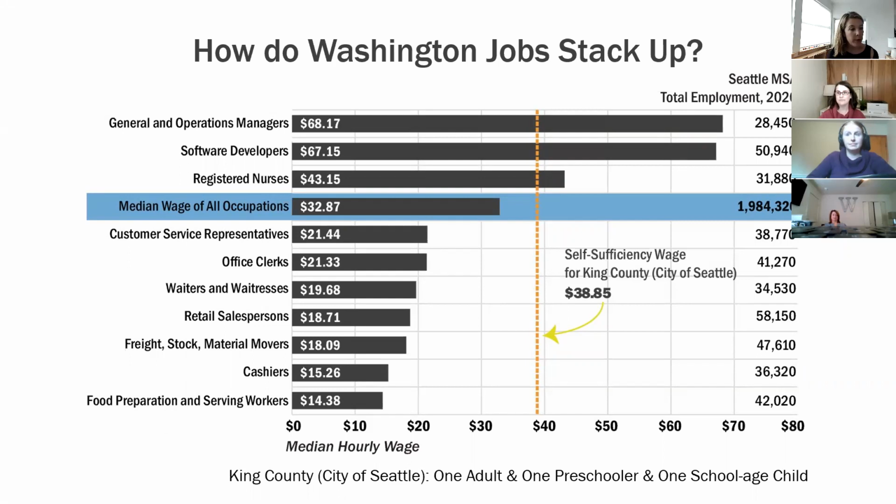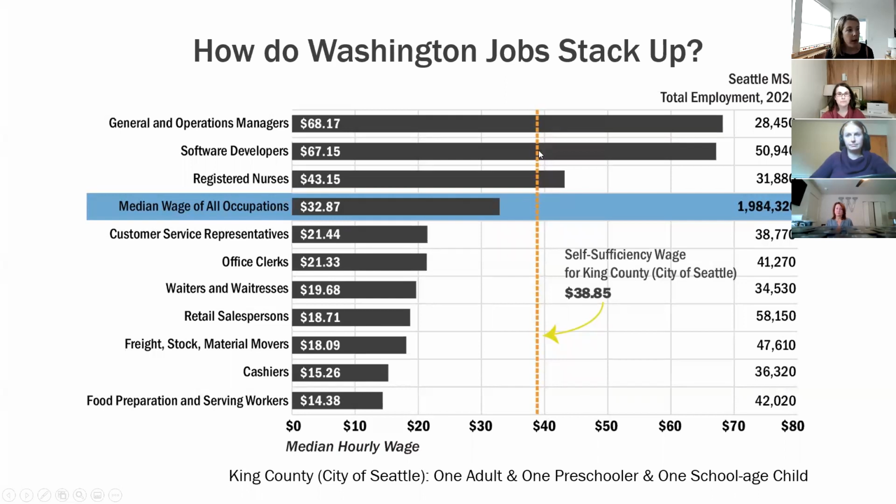This first graph focuses on the region of Seattle. We have the top 10 occupations in the region of Seattle listed here on the left side. And then we have this dotted orange line indicating the self-sufficiency wage for Seattle-King County for a family of 1 adult, 1 preschooler, and 1 school-age child, which requires $38.85 per hour in order to meet their basic needs.